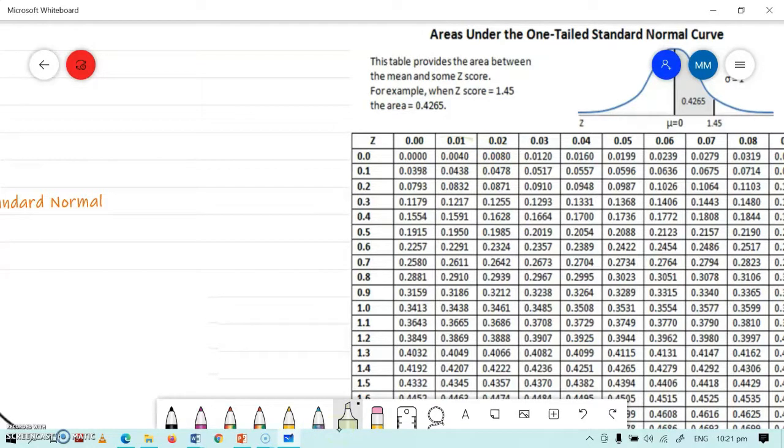So let's highlight that: 0.1 and 0.02. Just locate the intersection of 0.1 and 0.02.